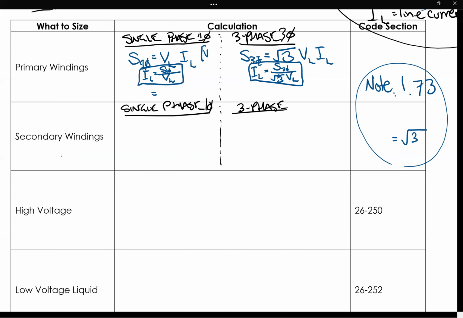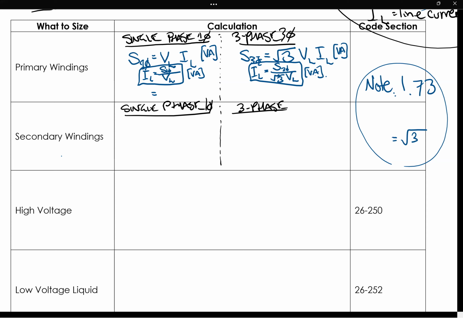So if you have kilovolt amps going in and your formula is in volt amps, then that's why the Canadian Electrical Code has that 1000 in there. It's just to do that conversion.